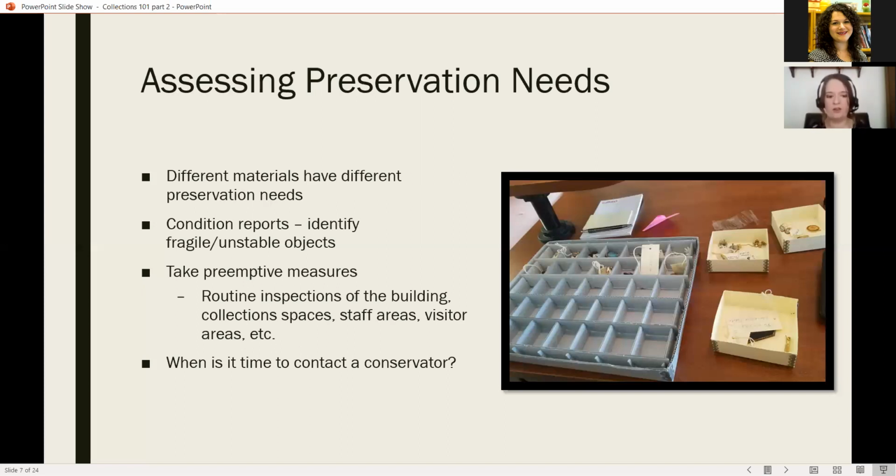So consider how valuable the item is, not just in terms of monetary value, but intrinsic value, like what is the meaning behind this item? Is it in danger of collapse basically? And should we consider hiring somebody to help us make sure that this item continues to stay around?